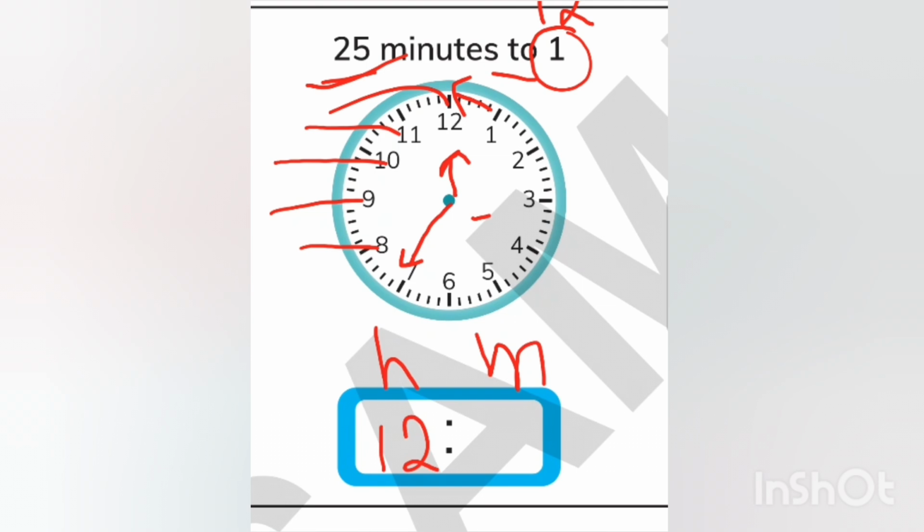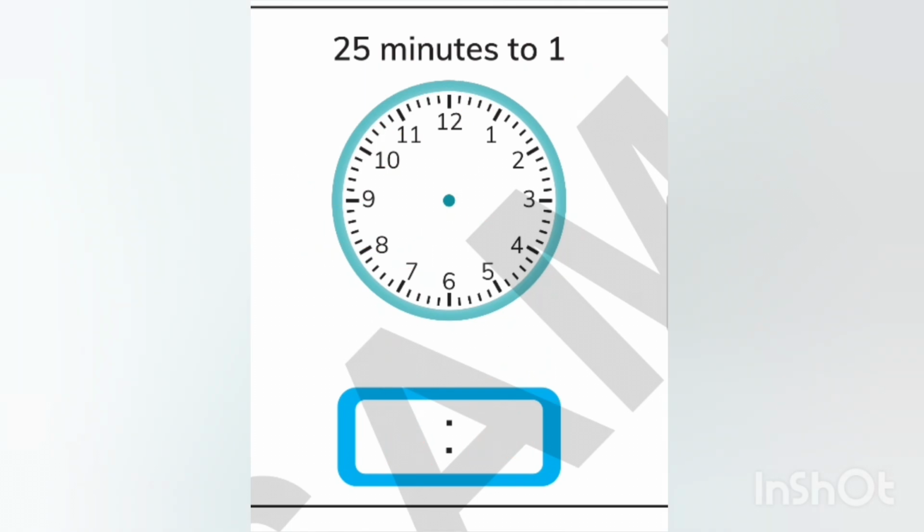After 25 minutes there will be 1 o'clock. So right now the time is 12:35. In the digital clock we will write 12:35. It means there are 25 minutes remaining to 1 o'clock. Understand now? Yes. Now we are moving towards another example.